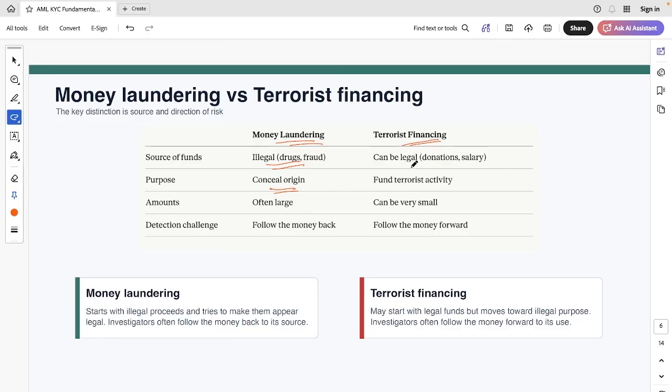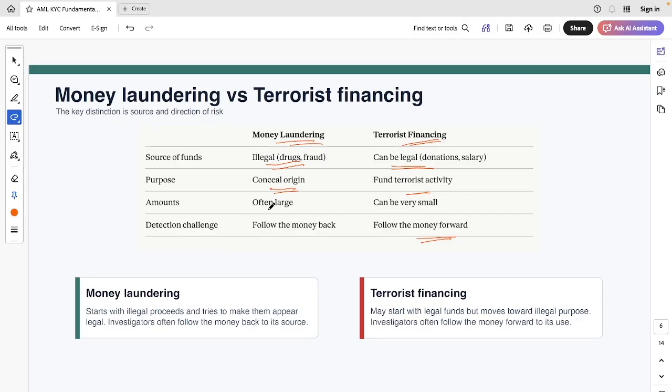But terrorist financing may start with legal funds. The funds may come from salary, donation, charity, or business income. But the purpose is illegal. So in terrorist financing, investigators often follow the money forward. They ask where the money is going, who is going to receive it, what that money will be used for.